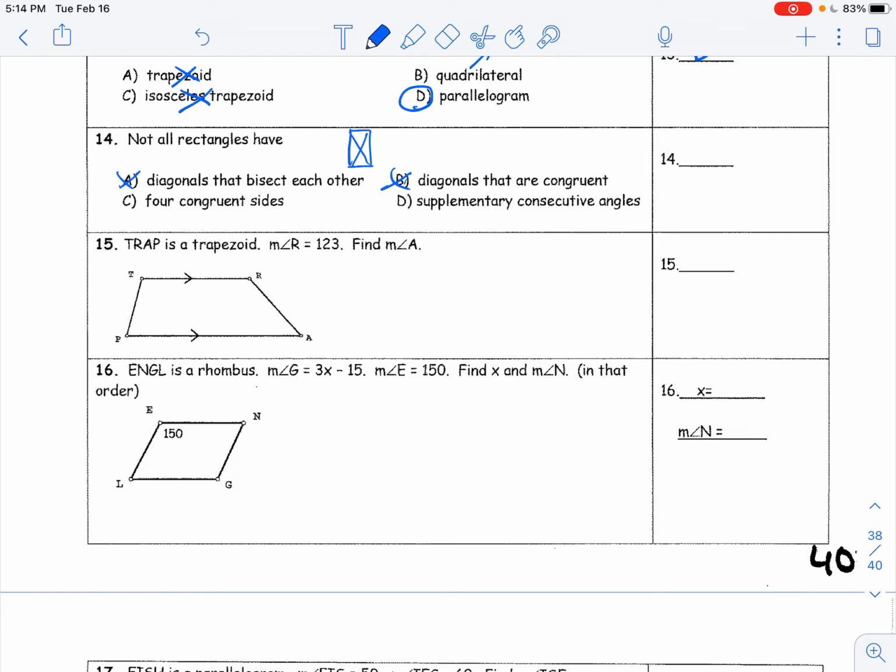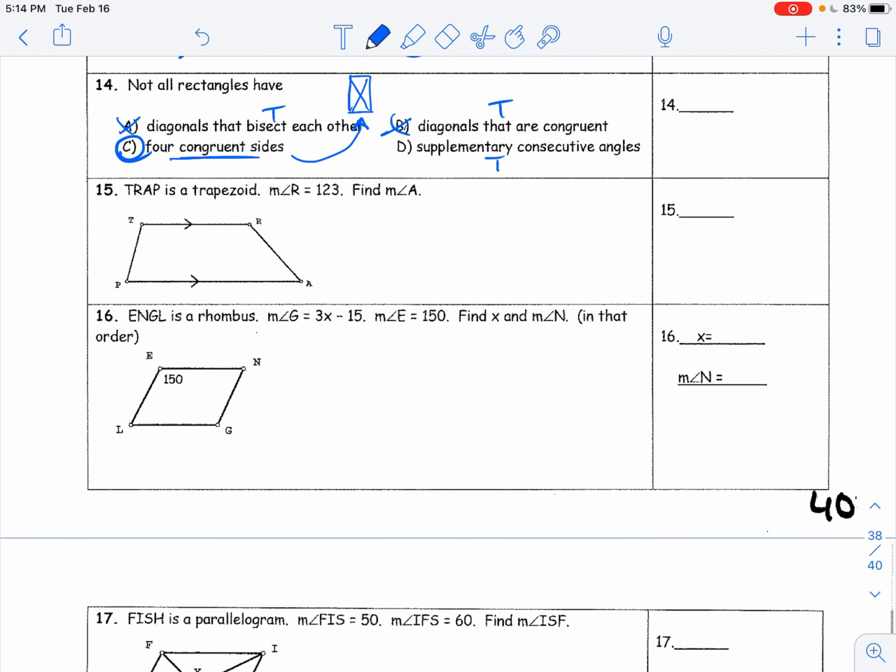Well, the correct answer is C. Not all rectangles have 4 congruent sides. Diagonals that are congruent, that's true. That's true. 4 congruent sides, that's not true, because look at this guy. These sides are definitely not congruent.